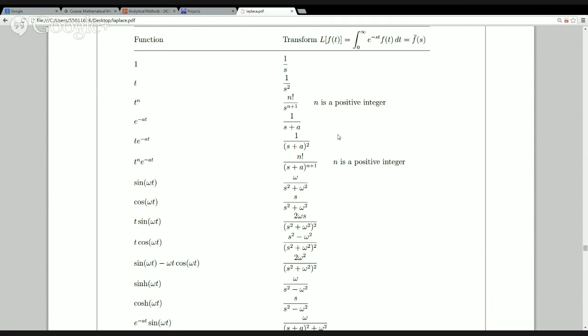But I'm adding 1, so I must take away 1. But then, you see, s squared plus 1 over s squared plus 1 is just 1. You have 1 minus 1 over s squared plus 1. Similarly here, you've got 1 minus 1 over s plus 1. So it just boils everything down to things that are found in the table.